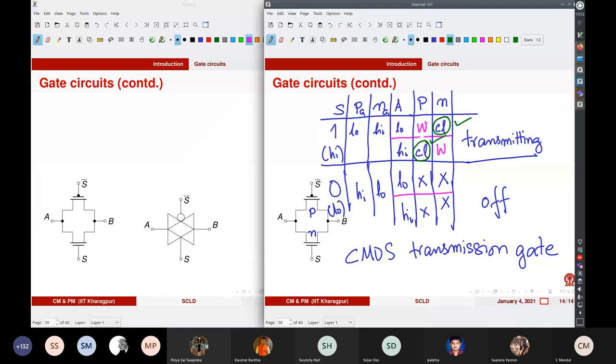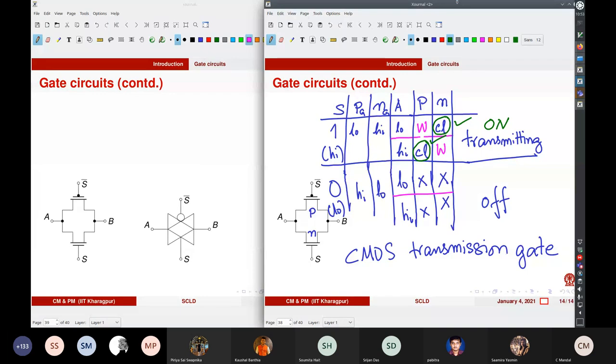All right, but in this case, in all cases, there is no transmission. So when S is low, this gate is off. It is like the switch turned off. In this case, the switch is turned on. It is transmitting, so you can say on.